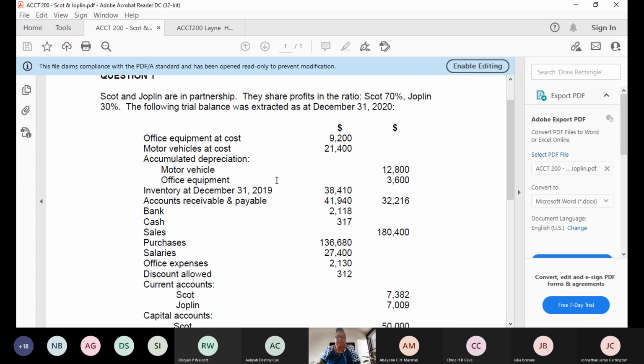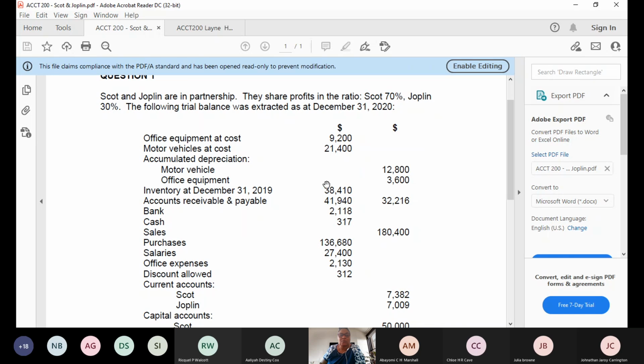In Scott and Joplin, the question that you had has the motor vehicle accumulated depreciation as 3,600 and the office equipment as 12,800, which gives you a negative net book value figure for office equipment, which is incorrect. So the figures were interchanged when it came to the accumulated depreciation. So I re-uploaded the question with the correct figures. The motor vehicle accumulated depreciation is 12,800 and the office equipment is 3,600.